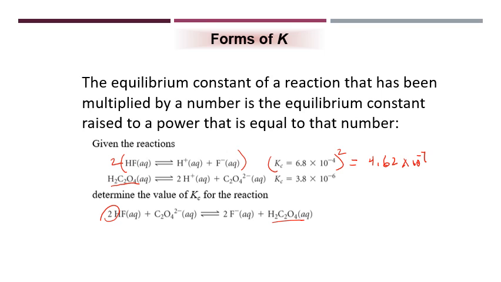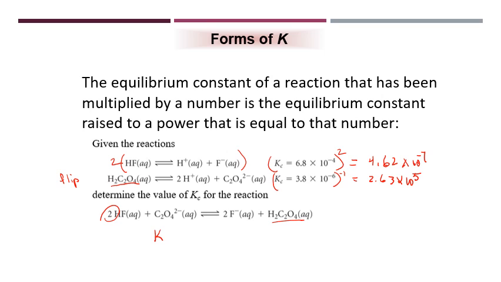So in this case, I'm going to have to flip the direction of this reaction, which means that I would take the inverse of it. So if I do that, 3.8 times 10 to the negative 6th, and take the inverse of that, that will equal 2.63 times 10 to the 5th power.